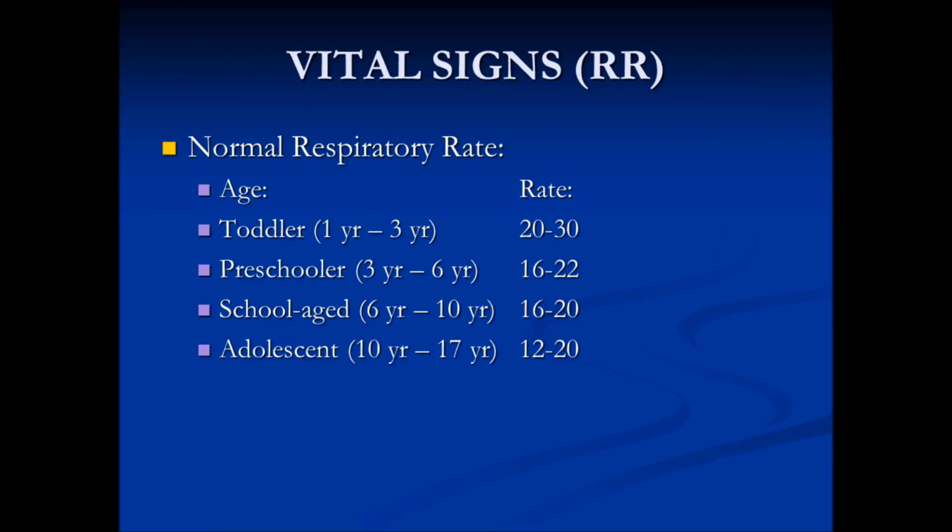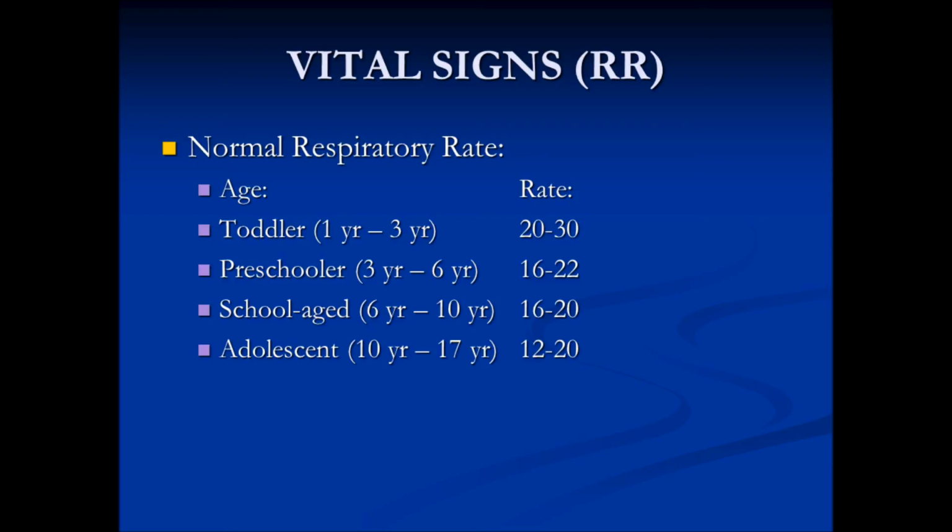For respiratory rate, we will accept all the way up to 30 breaths a minute as normal for a toddler, and toddler is 1 to 3 years of age. Preschool is considered 3 to 6 years of age, and we're getting closer to that normal range that you are already used to for adults, but the preschooler is 16 to 22.